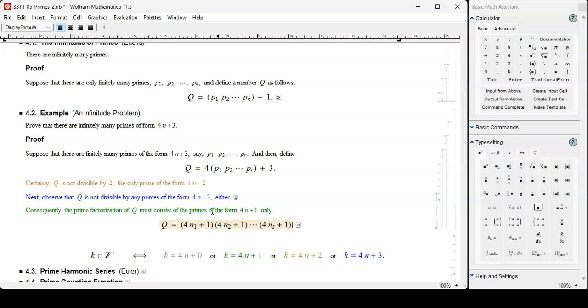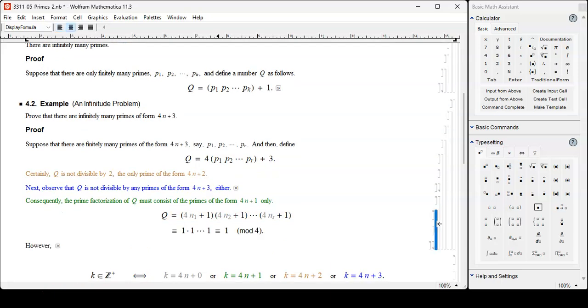Modulo 4, then this is 0. That's 0. All these are 0. So modulo 4, we're just multiplying a bunch of 1s. So capital Q is congruent to 1 modulo 4. Do you agree with this conclusion?